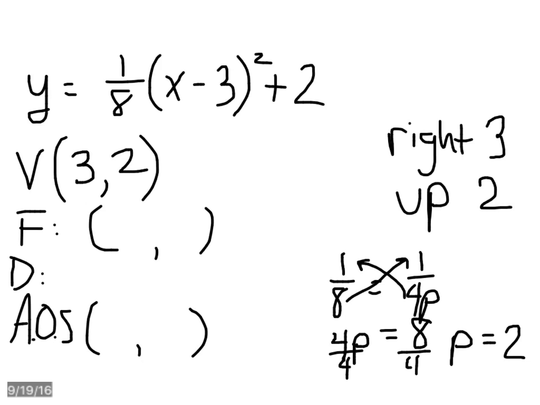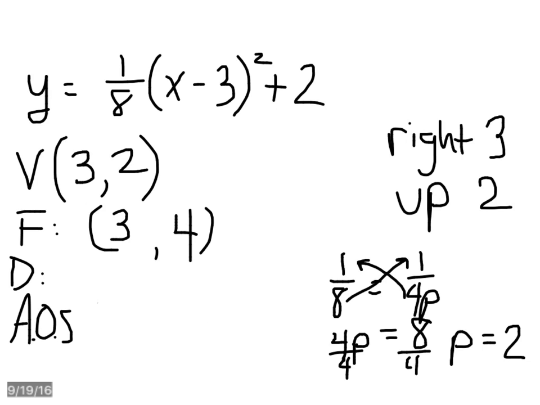Now for that particular case, are we adjusting the y coordinate or the x coordinate? When it opens up and down, you adjust the y coordinate. So, what did you get for p? 2. What was the y coordinate of the vertex? 2. What's 2 plus 2? 4. This stays 3. That goes to be a 4.